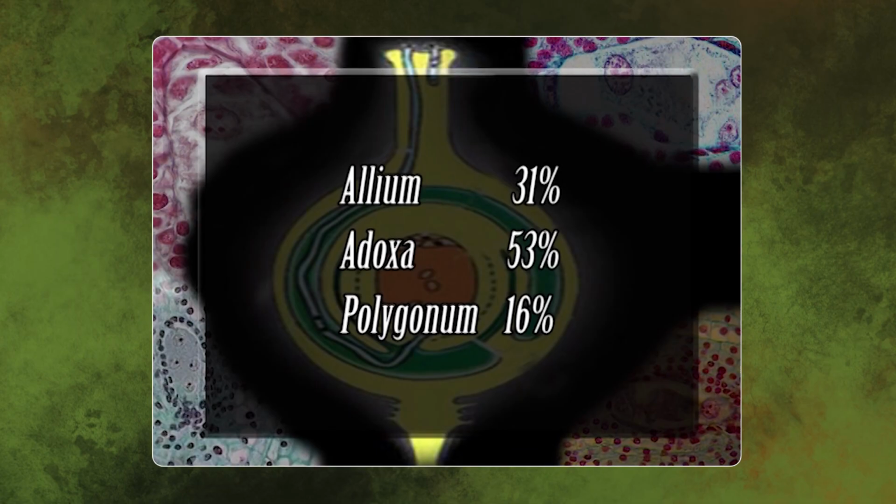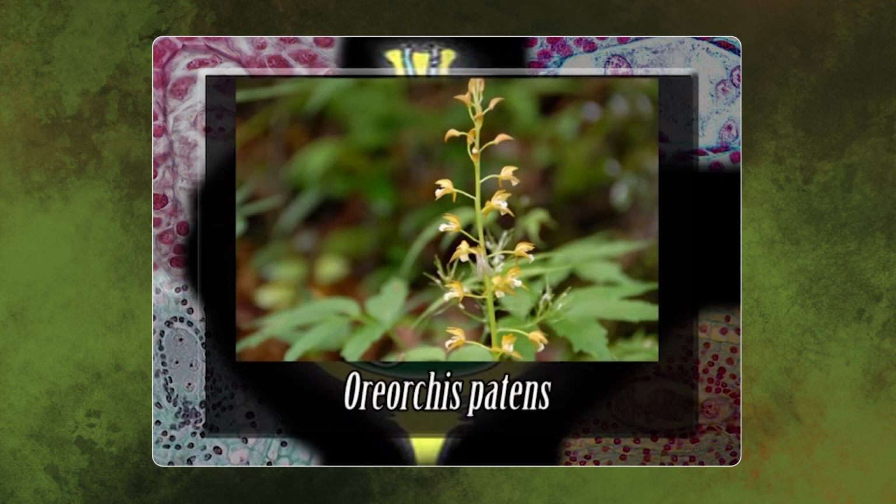Similarly, in 1971 it was recorded in Orchis that Allium type was 31%, Adoxa 53% and Polygonum 16%. But the interesting thing was that the mature embryo sac contained only 6 nuclei in all of them.